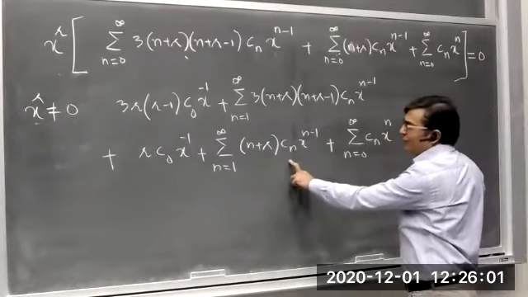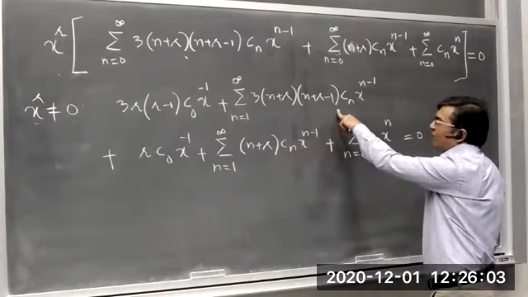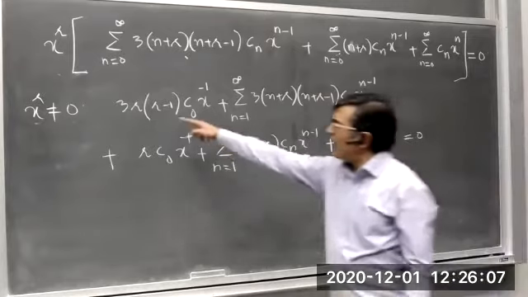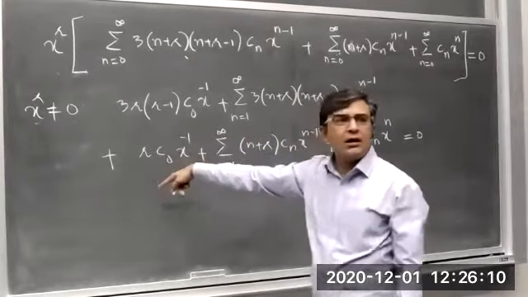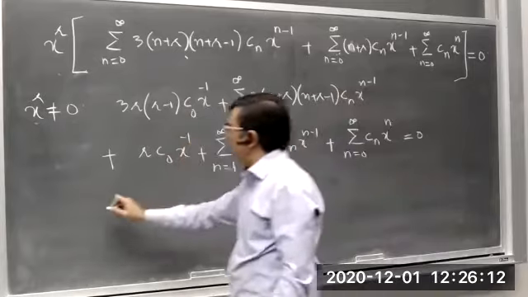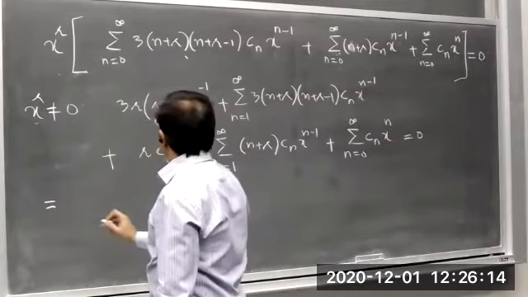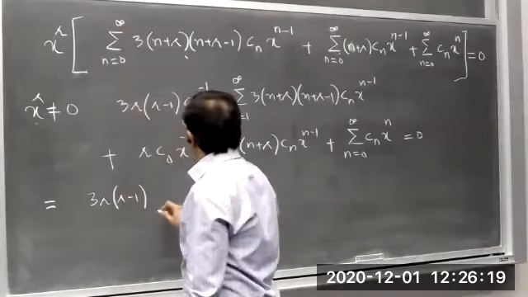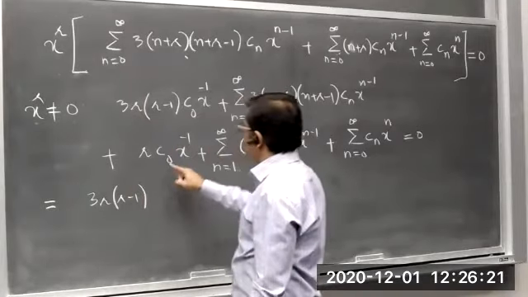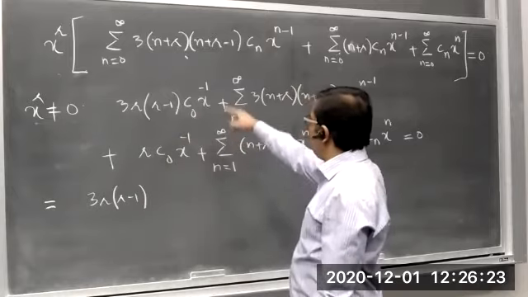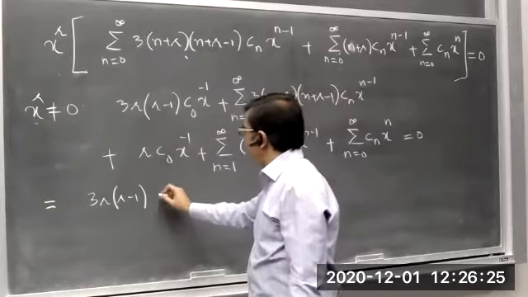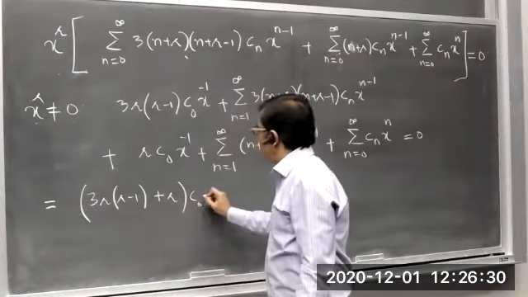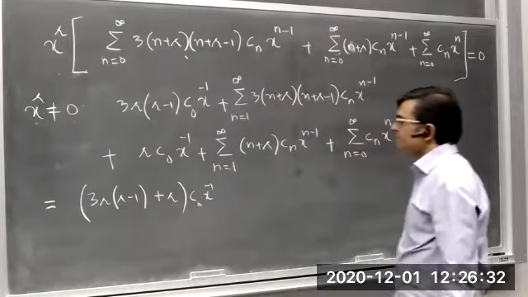Now this also starts from x power 0. This also starts from x power 0 when we put n is equal to 1. Now we collect all these terms which we have opened here. And what do we get here? We obtain 3r, r minus 1, c naught common, x power minus 1 is also common in both of these. And what we get here plus r, this c naught x power minus 1.